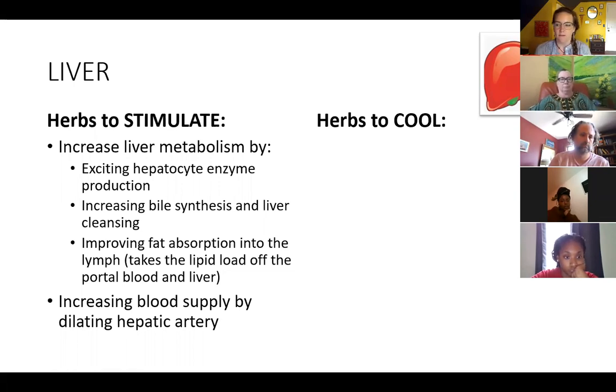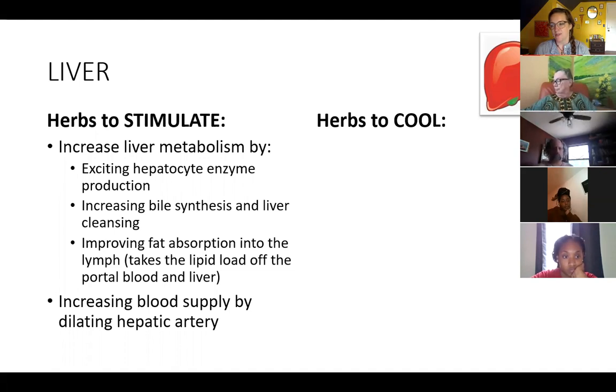Things like vinegar can sort of help that, bringing more bile back into the system. Improving fat absorption into the lymph, which would take the fat load off of the blood that goes into the liver. Also increasing blood supply by dilating the hepatic artery.